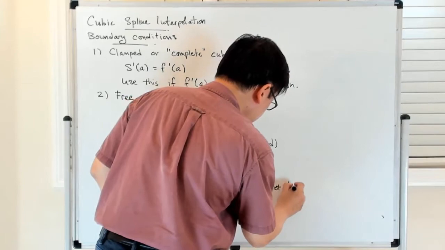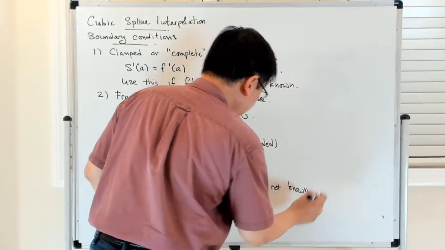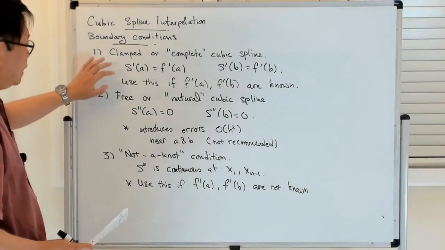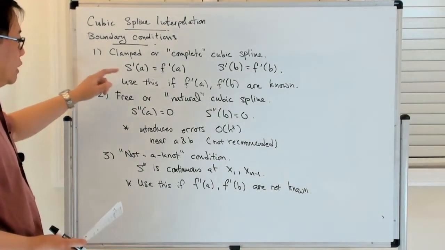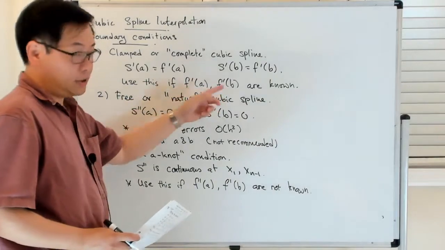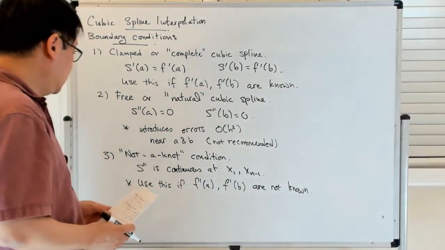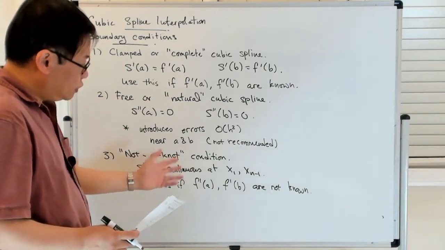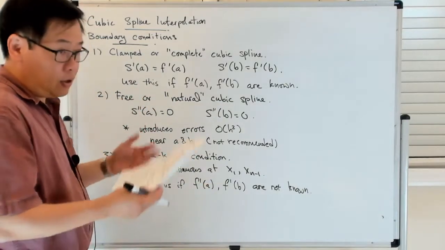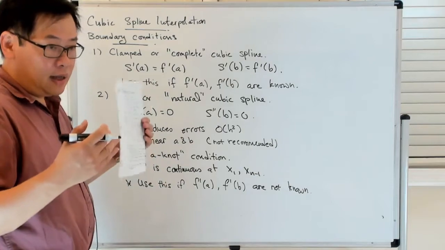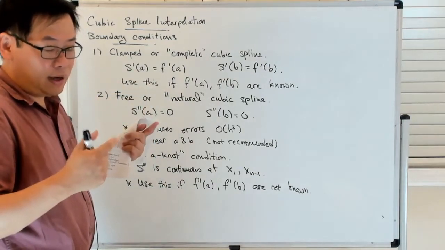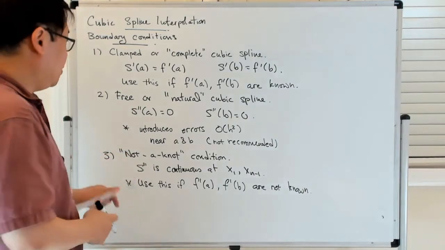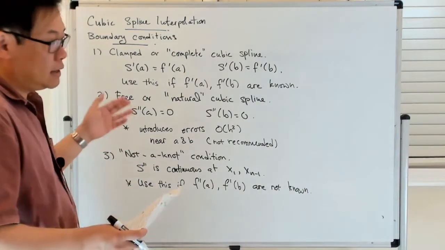So let's think a little bit about it. Again, the clamped cubic spline is what you might use if you happen to know the derivatives at the endpoints. The not-a-knot condition is something you could use if you don't know the endpoint conditions, because all it's really doing is saying that, at the points x1 and xn minus 1, you have a little bit more continuity in the higher derivatives than you otherwise do elsewhere.